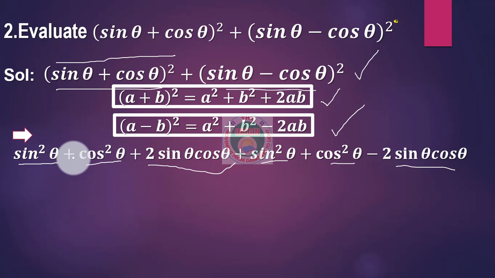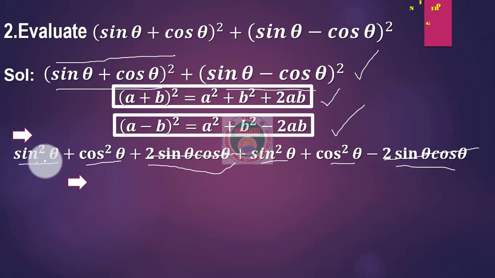So here, plus 2 sin theta cos theta and minus 2 sin theta cos theta get cancelled. These two terms are equal and on opposite sides, so you can cancel them. After cancellation that is 0.